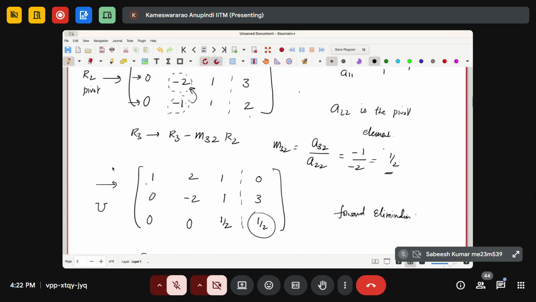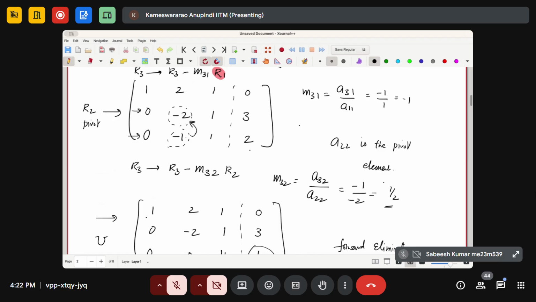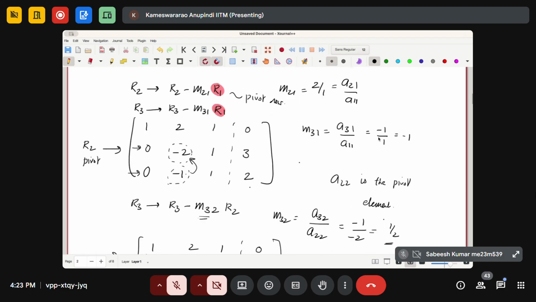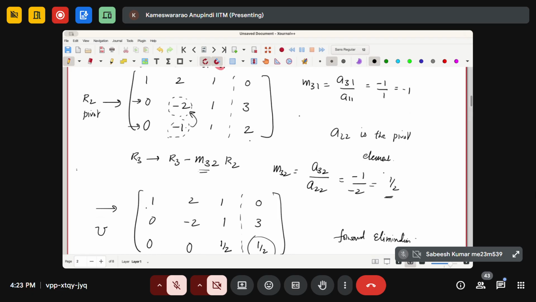I think it's a matter of convenience. What I'm trying to say is that you could either do M32, or as the other person suggested, you can even take 1 by M32 and then distribute it to this one. Both are fine. Let me give an example where M32 comes out to be 4 by 3.